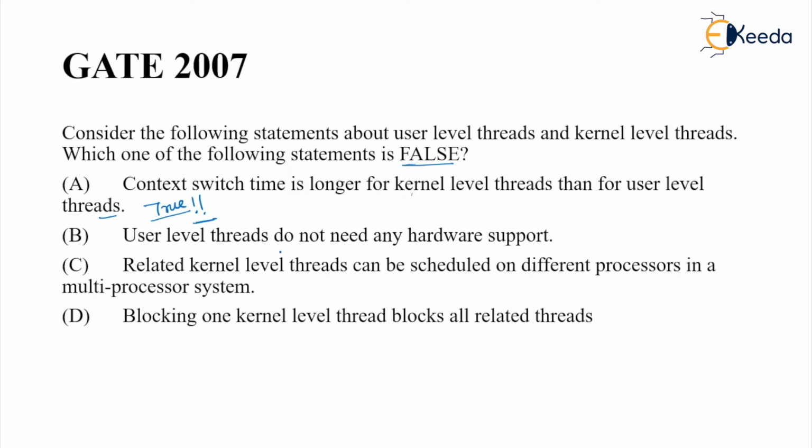User level threads do not need any hardware support. This is also a true statement. There is no mode bit required. The mode bit is a hardware bit which is set to 0 or 1, representing user mode or kernel mode.